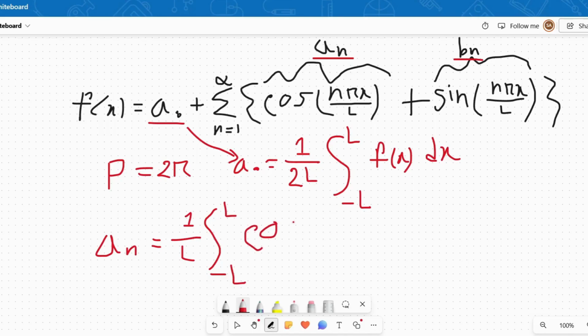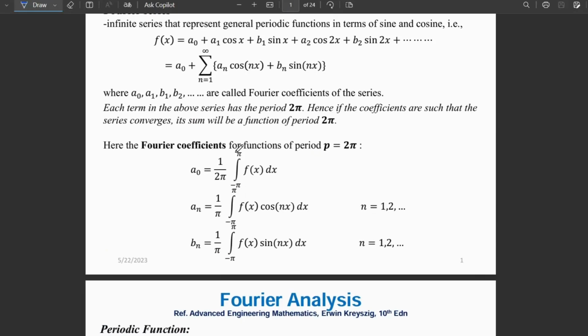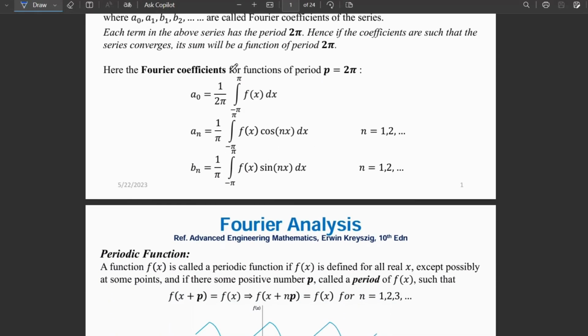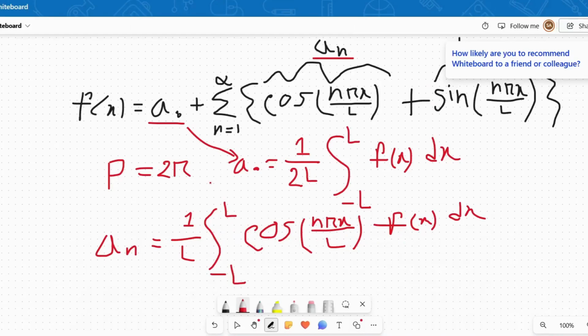Again sorry for my handwriting, it is not so good, but I try my best so that it can be understandable. Let's recheck. That is f(x) and that's totally fine.